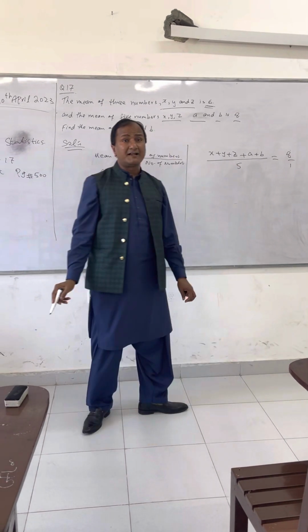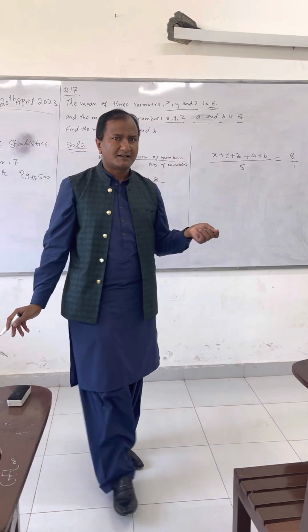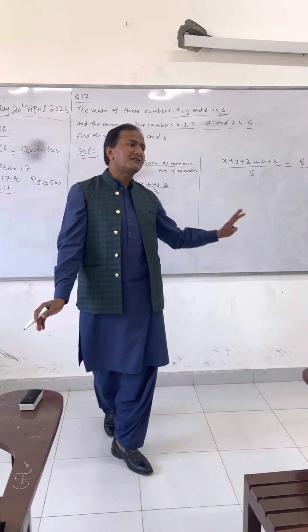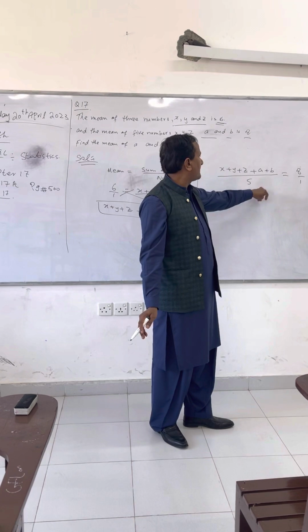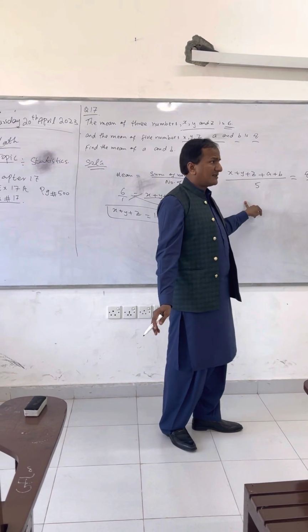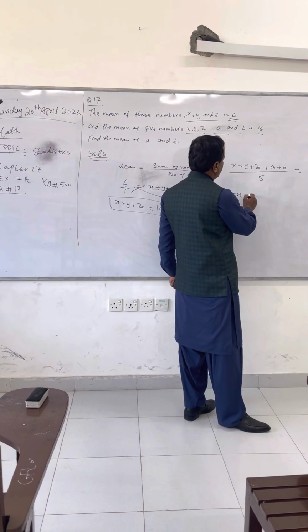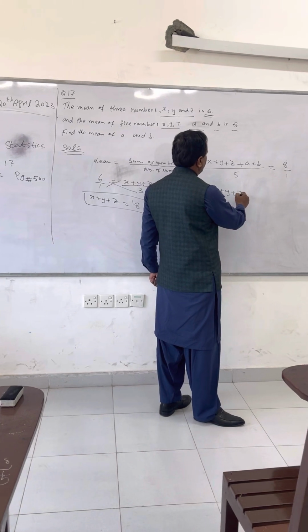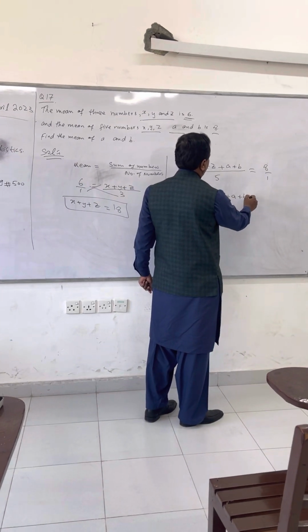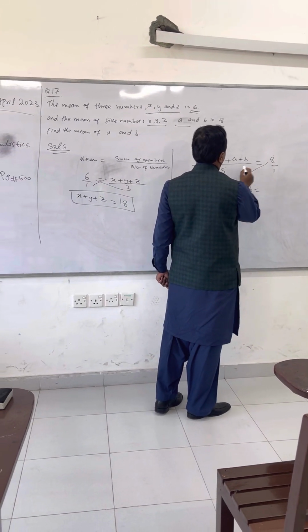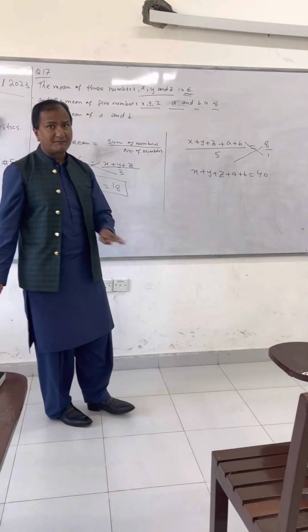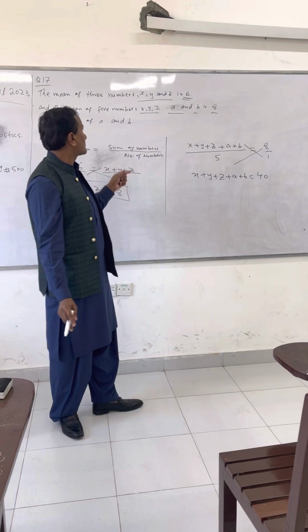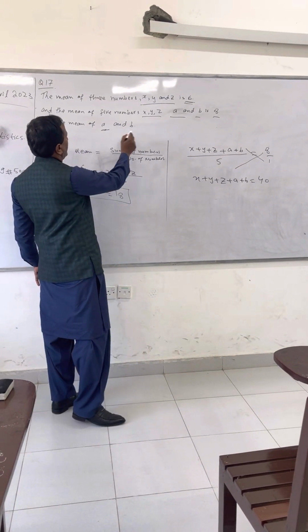Now we are supposed to find the sum of the five numbers. We apply the same formula, sum of numbers over number of numbers. With the help of cross multiplication, x plus y plus z plus a plus b is 40. It means the sum of the five numbers is 40, and we still have to find the mean of a and b.